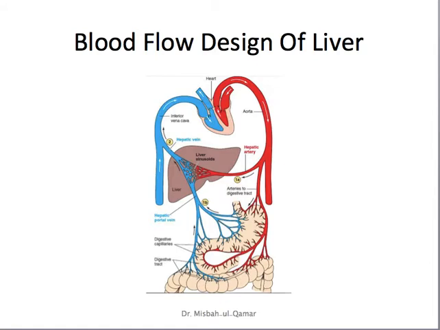The other source is the venous blood, which drains the digestive tract, and it is carried by the hepatic portal vein to the liver for processing and storage of newly absorbed nutrients. And then finally, blood leaves the liver through the hepatic vein.